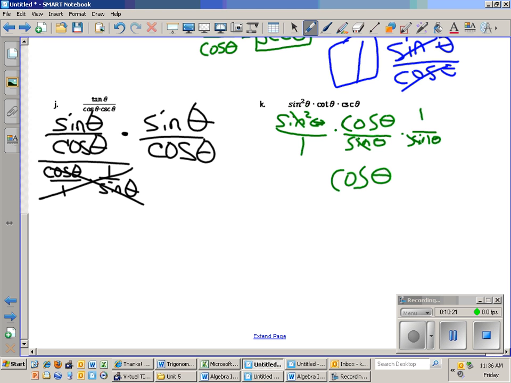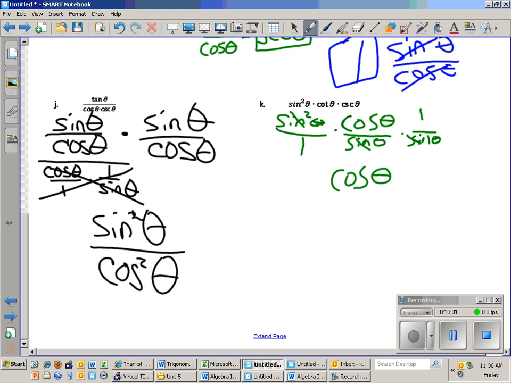So on top, you get sine squared over cosine squared. What's sine over cosine? Tangent. So sine squared over cosine squared is tangent squared. And we put the squared by the tangent because we don't want to look like we're squaring theta. We're not squaring theta, all right?